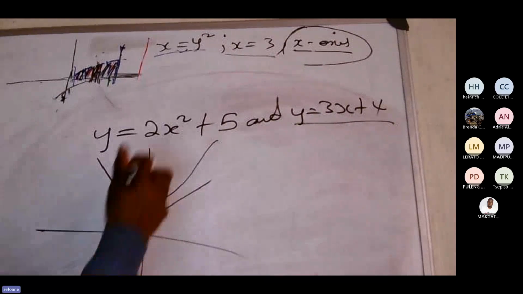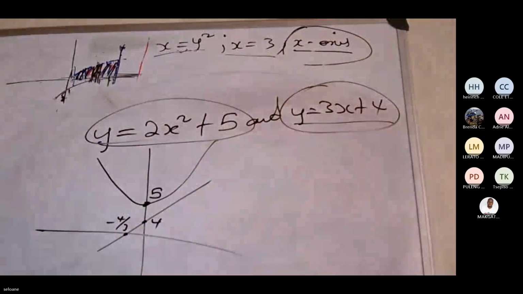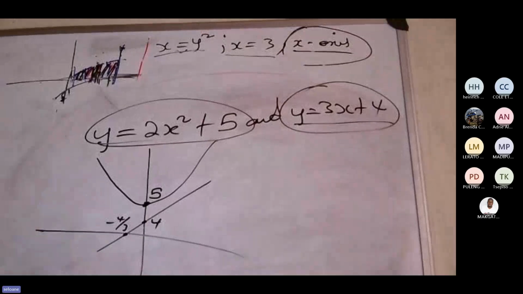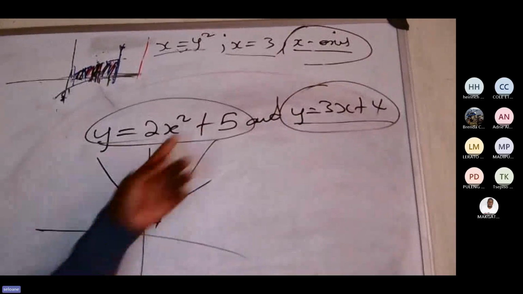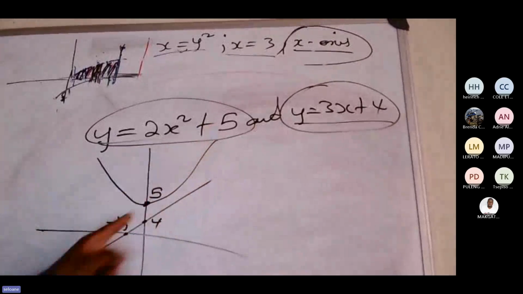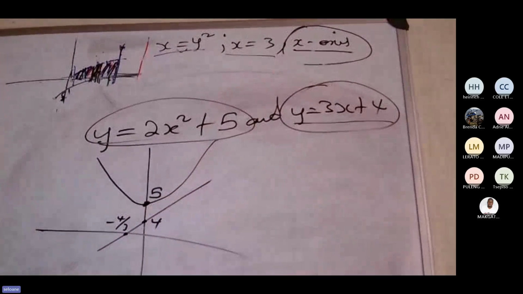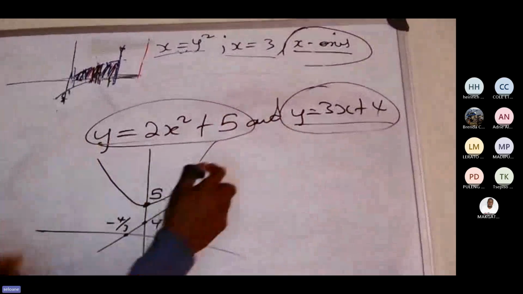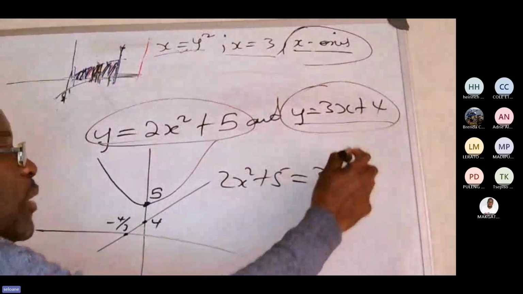Why? Because if you take these two and find a point of intersection, you will find that it exists. So if you draw them like this, then there is no point of intersection. Therefore, there is no enclosed region. Because what is the point of intersection of these two? It will be 2x squared plus 5 equal to 3x plus 4.